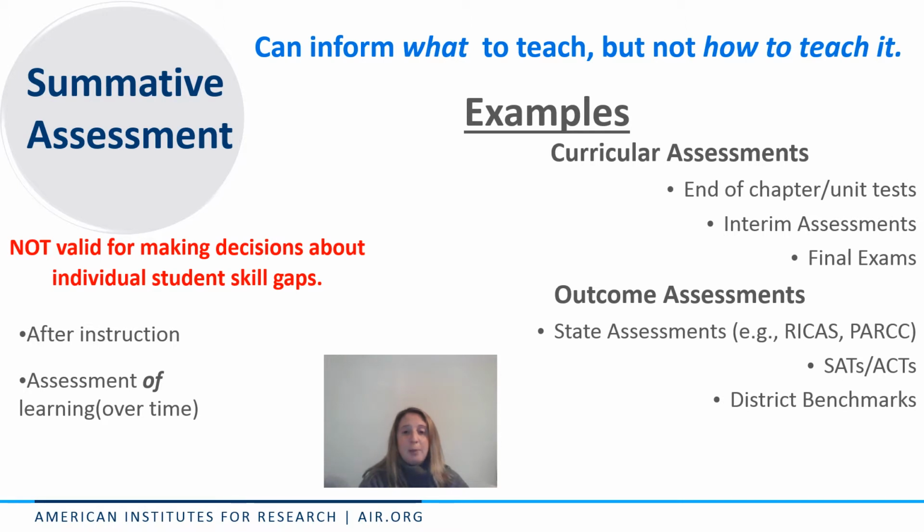Summative assessments help us evaluate how those students did against those third grade standards.